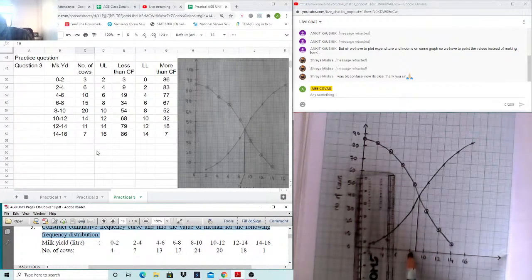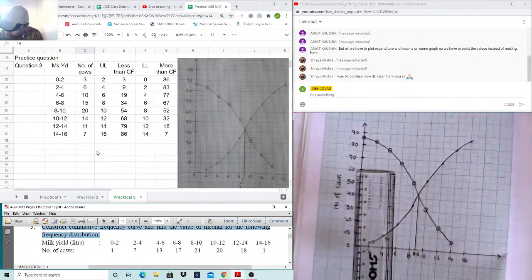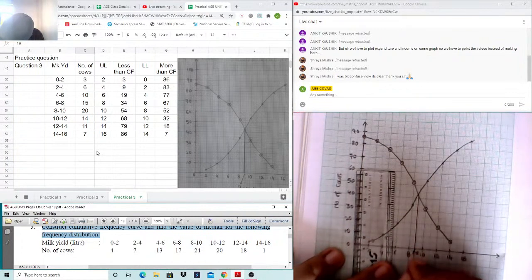So 8.2, 8.4, 8.6, 8.8. So it is almost 8.8.